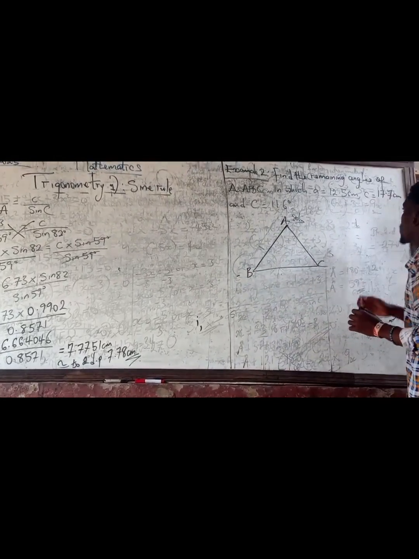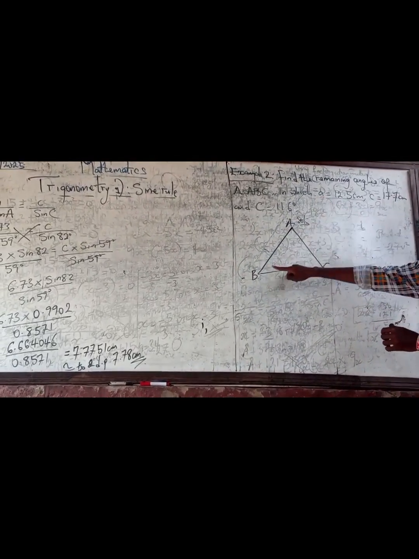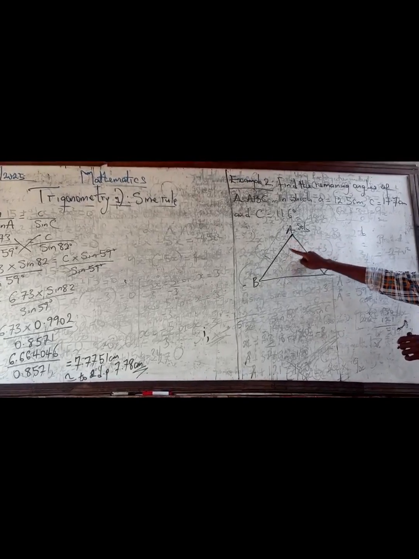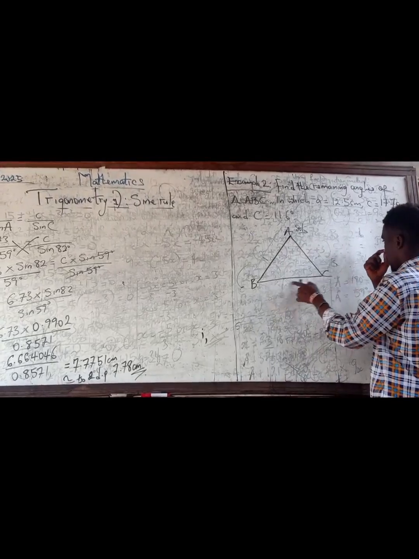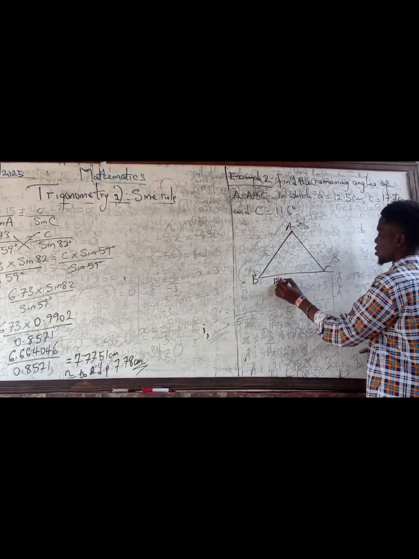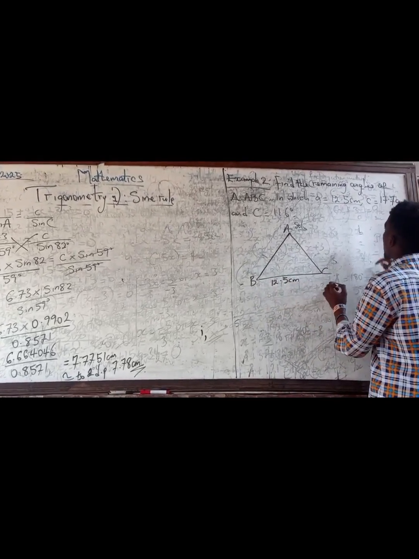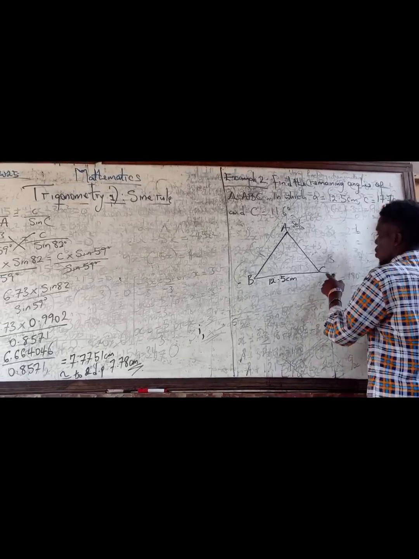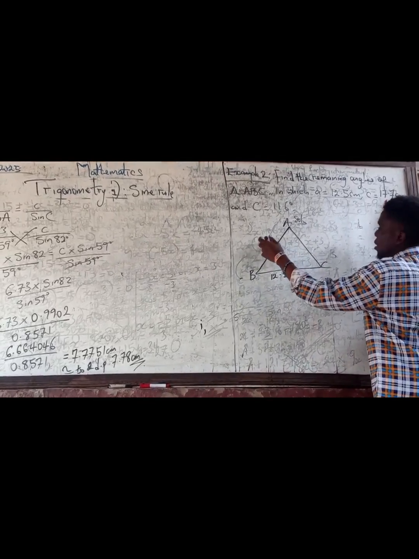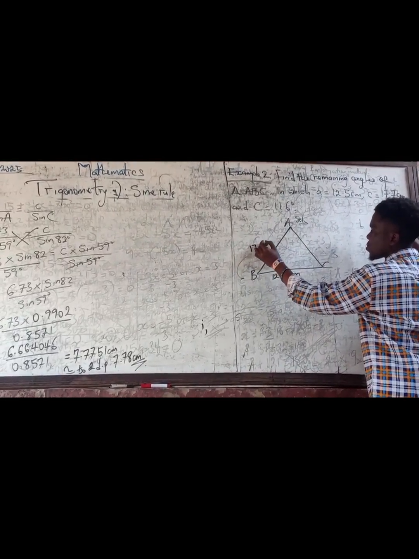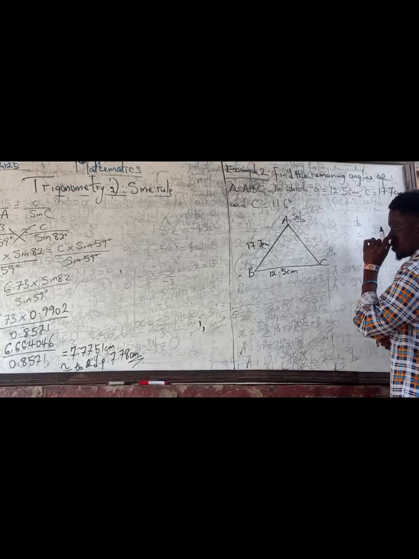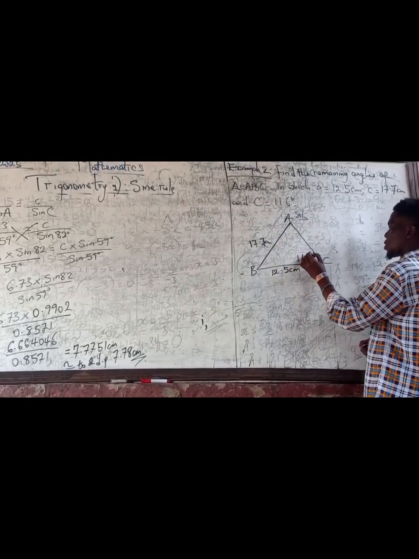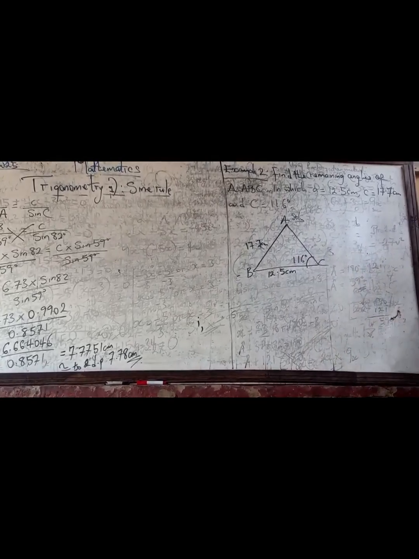Given here we have A. Since this is the angle, the length must be directly opposite it. So this will be length A here, 12.5 centimeters. Then length C we have 17.7 centimeters, opposite angle C, and then we have the angle on C, 116 degrees.